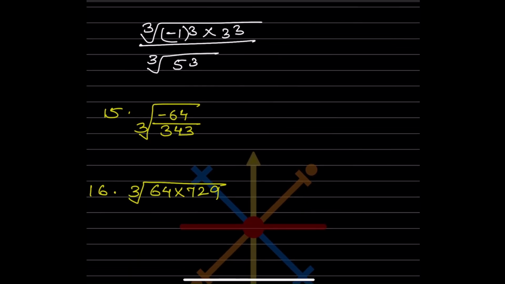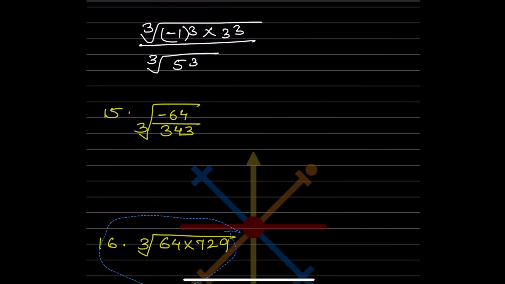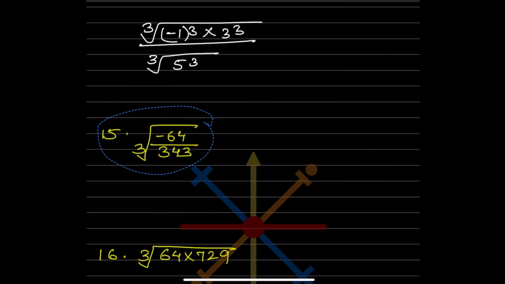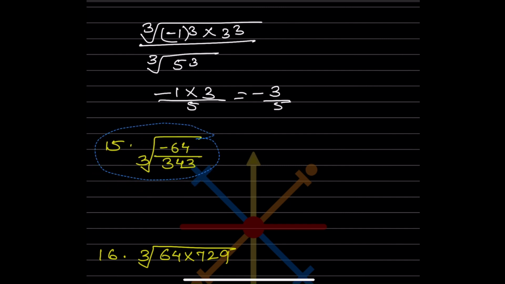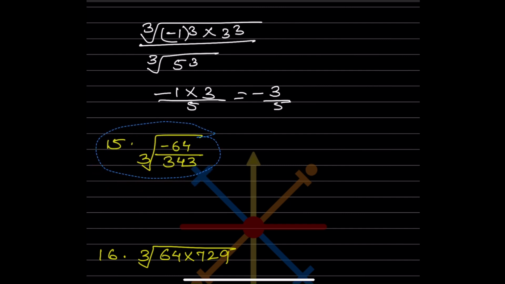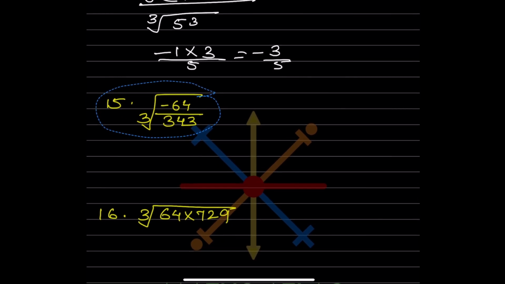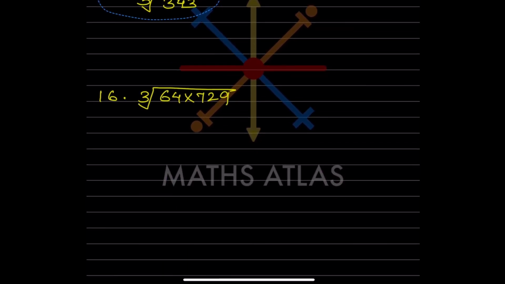So that should be -1 into 3 divided by 5, which is -3 by 5. Now let us write this one.